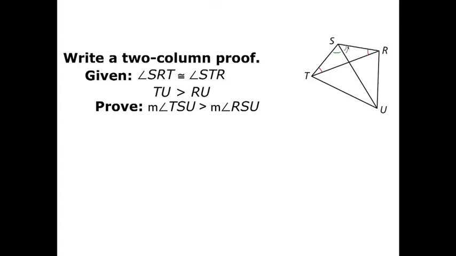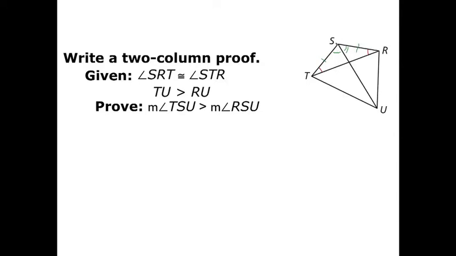So what I'm going to start with is this triangle, TSR. TSR has two congruent angles in it. These would be the base angles. Well, the converse of the isosceles triangle theorem, or converse of the base angles theorem, however you want to call it, tells me that ST and SR would have to be congruent. So that's good to start with.